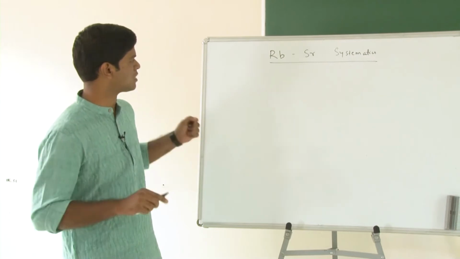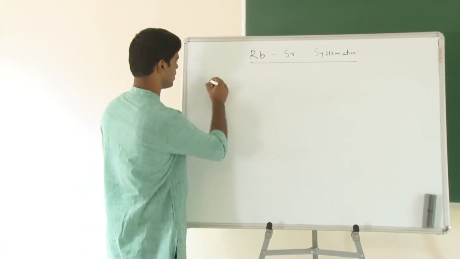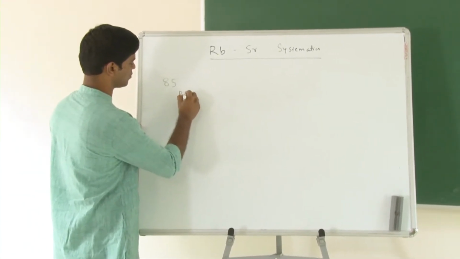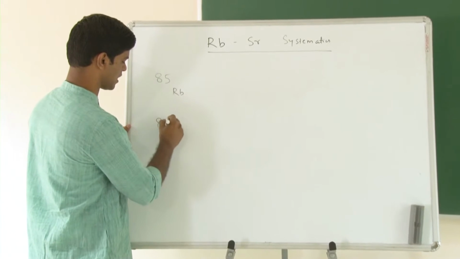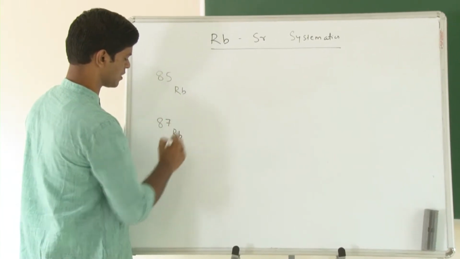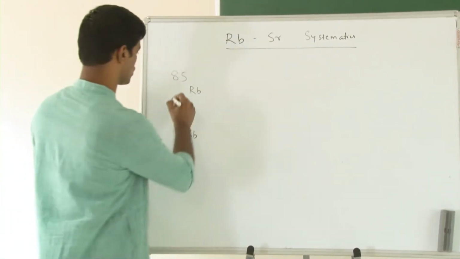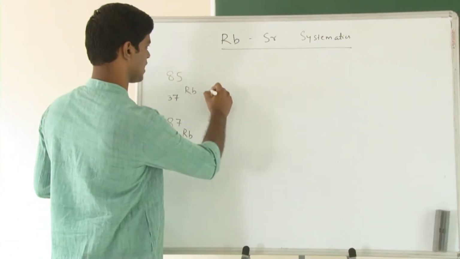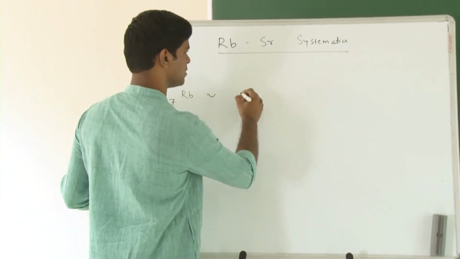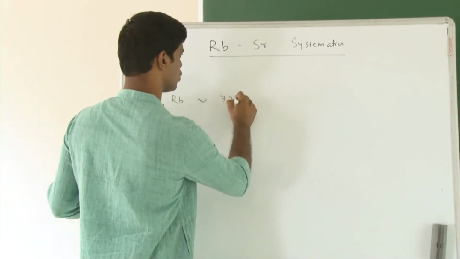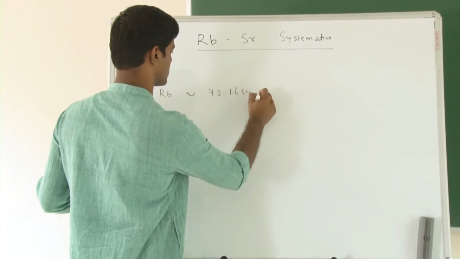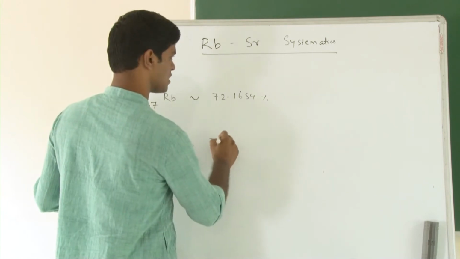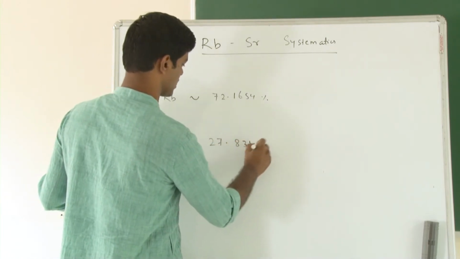So, if you see the naturally occurring isotopes of rubidium, we have two naturally occurring isotopes. One is rubidium 85, the other one is rubidium 87. These are the two naturally occurring isotopes with an atomic number of 37. If you see the isotopic abundances, 85 is around 72.1654%, whereas the abundance for 87 is 27.8346%.